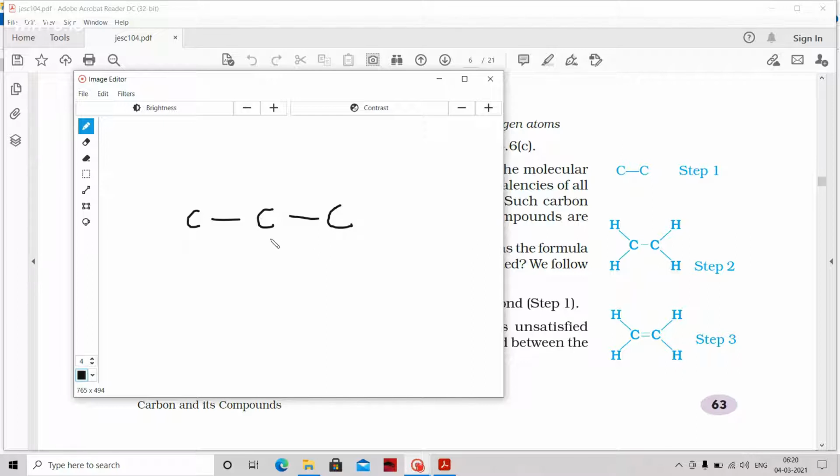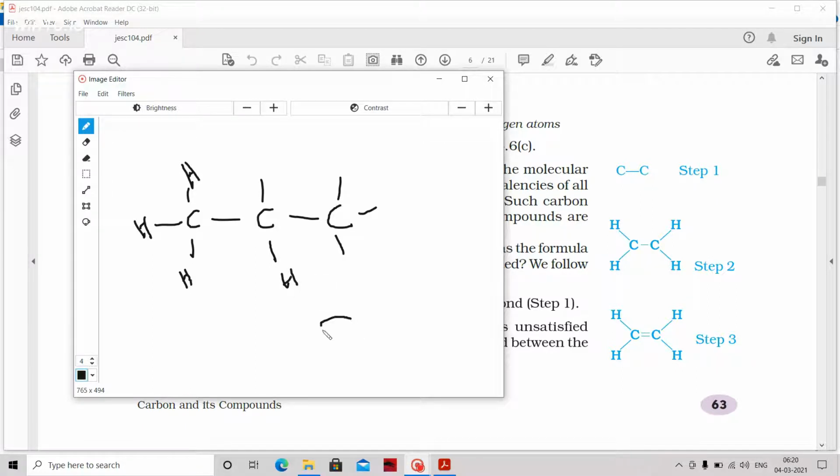C3H8, hydrogens are 8. So you satisfy its valency 4. All are single bonds because you want now a saturated hydrocarbon. That's why between carbon-carbon I put single bonds. Carbon-carbon single bond, carbon-carbon single. Now how many hydrogens can I give here? 3 hydrogens here, 2, 5 plus 3, 8 hydrogens. So all these are hydrogens. So this is the C3H8 molecule. This is C3H8, that is propane. The compound name is propane.